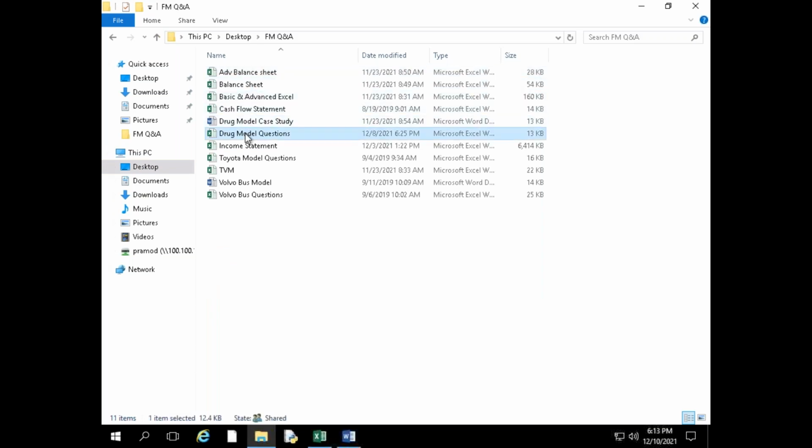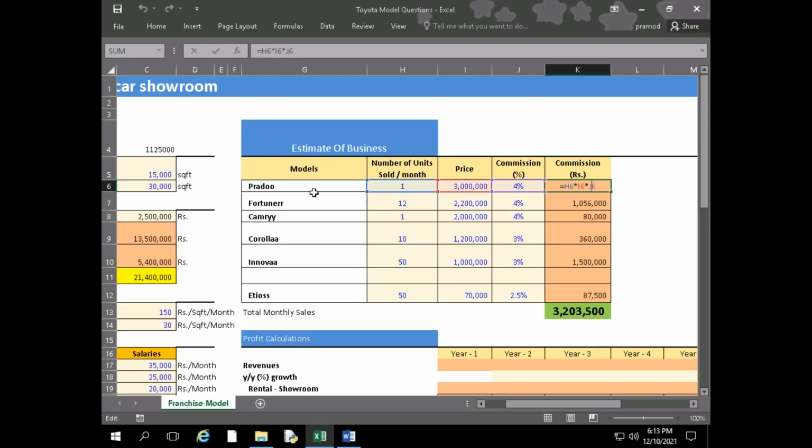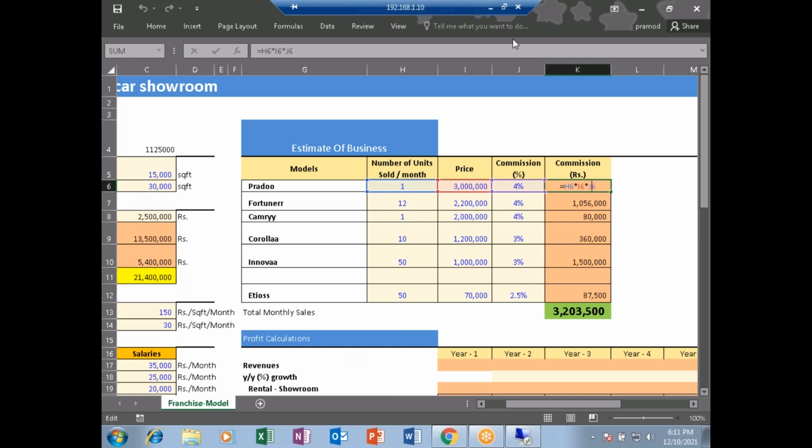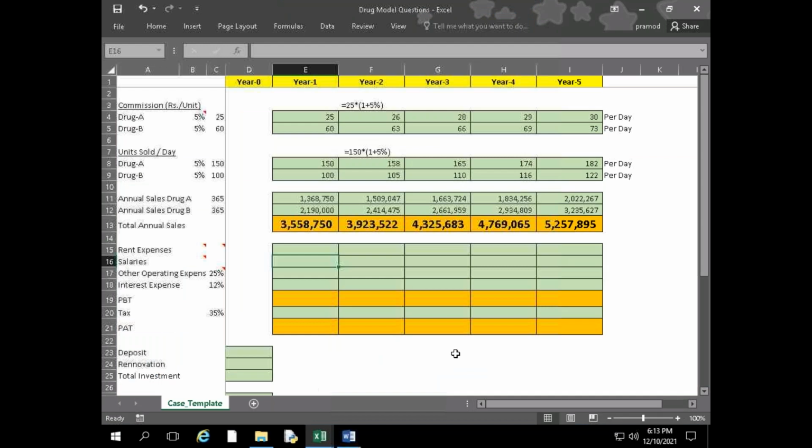Plus 7%. What is the value, sir, for revenue? See this one. In year one, I have the value 25. 25 into the bracket 1 plus 5%. It is growth.